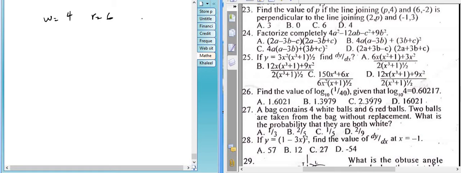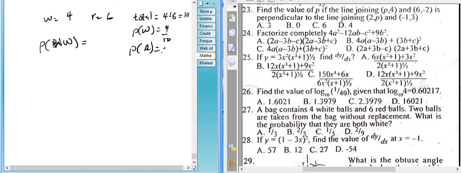What is the probability that both are white? The total is 4 plus 6, which is equal to 10. So the probability of white is 4/10, and the probability of red is 6/10.